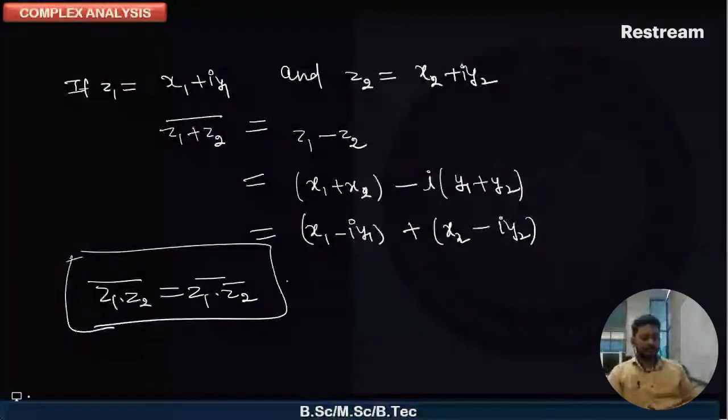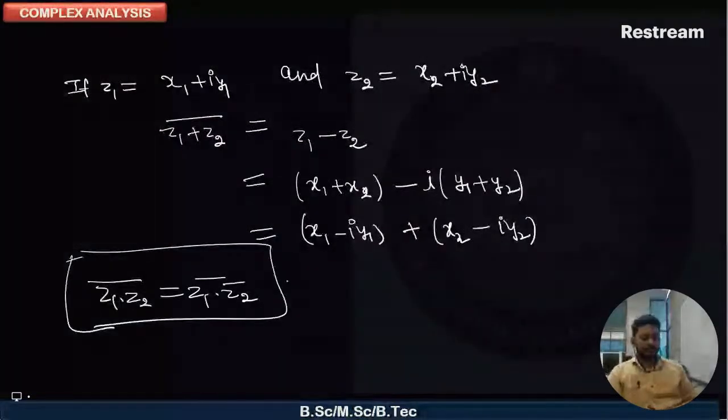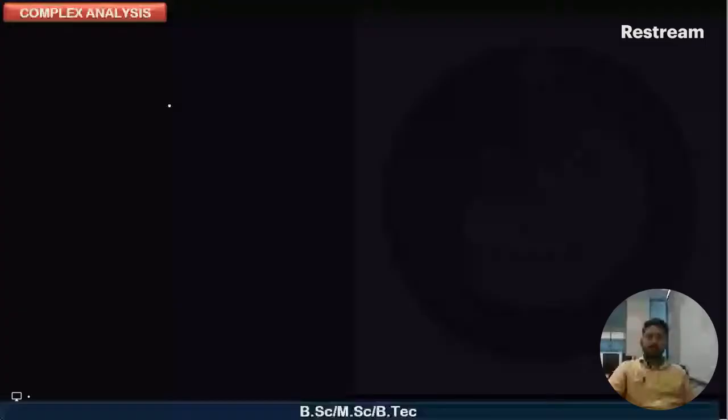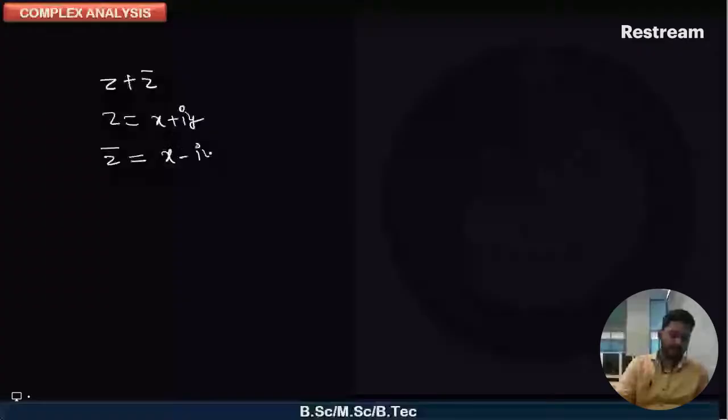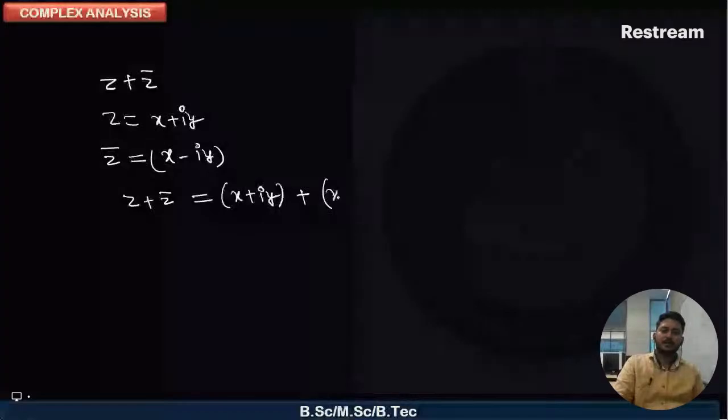So the sum of z plus z bar, what comes? Now z plus z bar, where z bar is equal to x minus iota y. Their addition is x plus iota y plus x minus iota y.